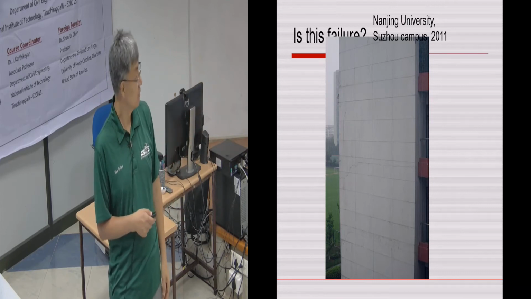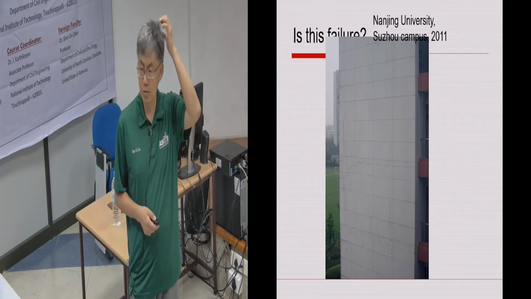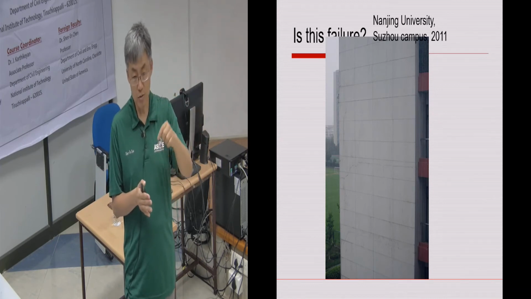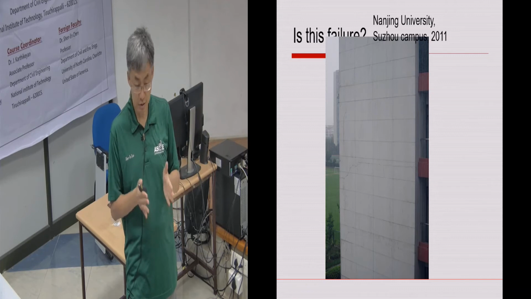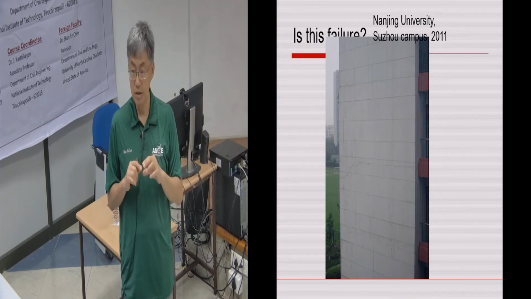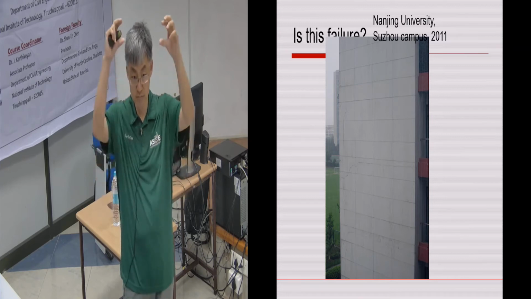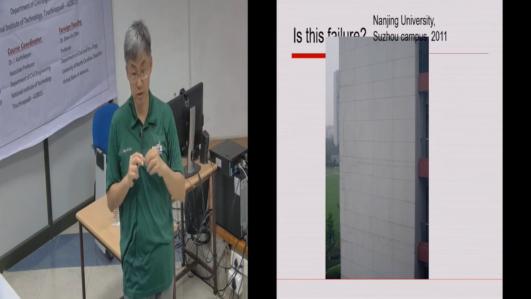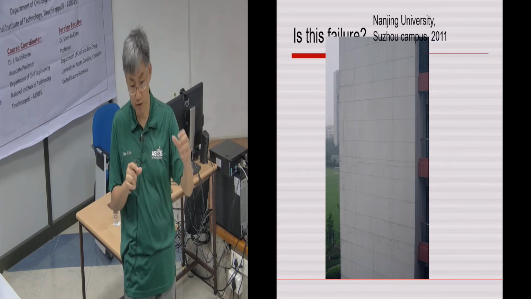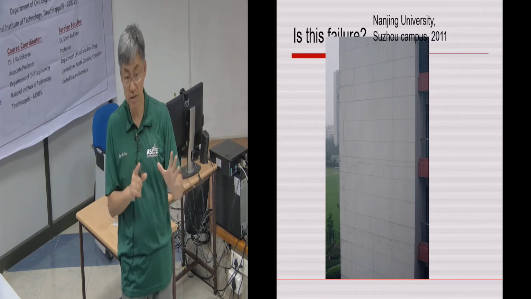Another thing is, in America, when we do high-rise buildings, we use concrete cast in place. We build the formwork and then we put concrete. But in China, it is more common to use concrete bricks, even for very high-rise buildings. I don't have a lot of experience with concrete bricks, but maybe that would dictate the failure modes.